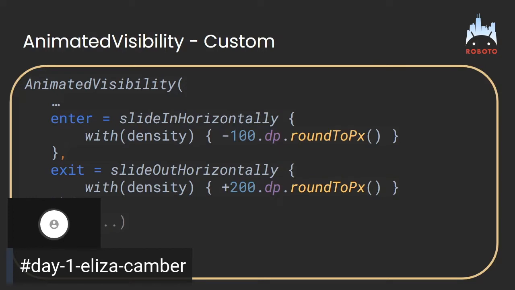For AnimatedVisibility, we can also customize what we want. To customize it, we are going to use the enter and the exit transitions. I'm here using the built-in ones, and I am just saying what I want. Like, I don't want it to come from the edge of the screen. So over here, I'm just saying, okay, start this from 100 pixels, for instance.